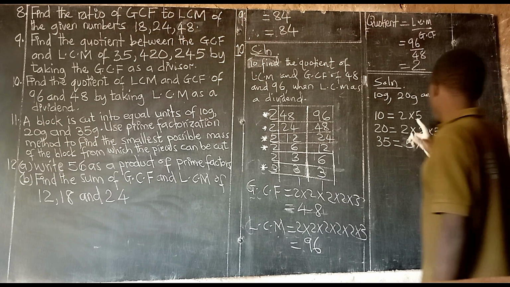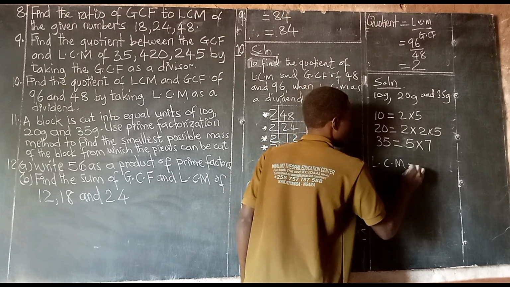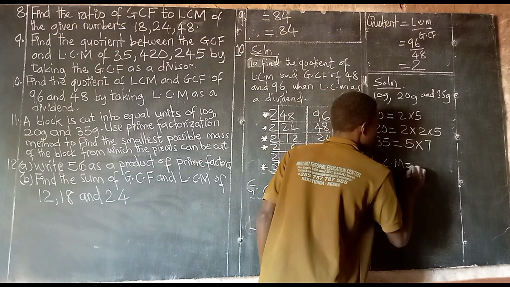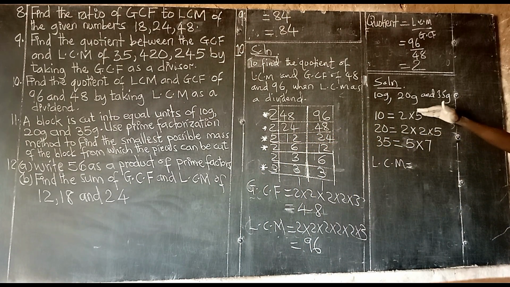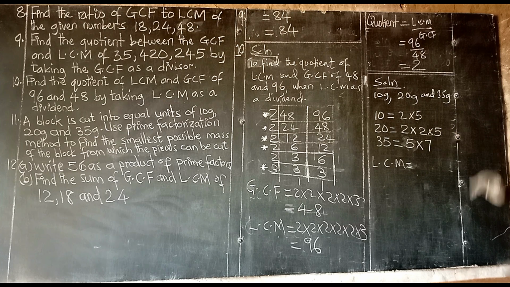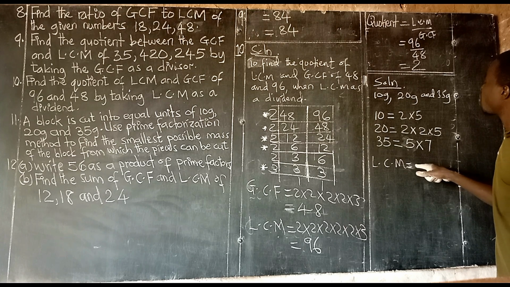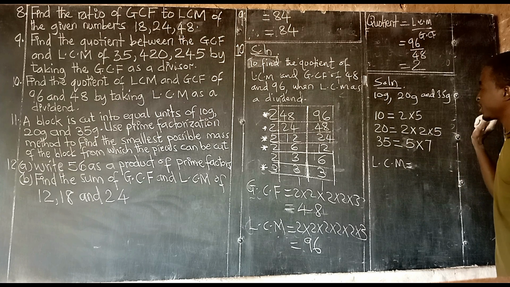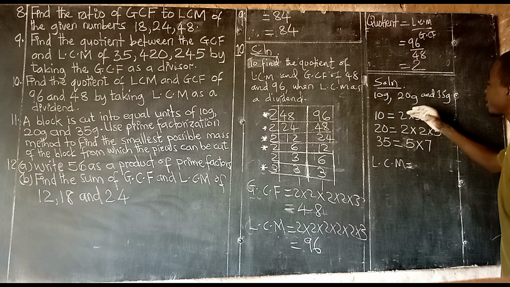The LCM, the lowest common multiple. To get the lowest common multiple from these prime factors, we simply take the product of all prime factors which have appeared, regardless of whether they appeared in all three numbers, in two numbers, or in one number.